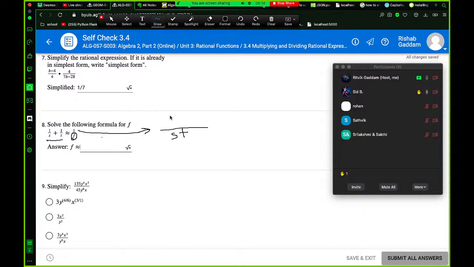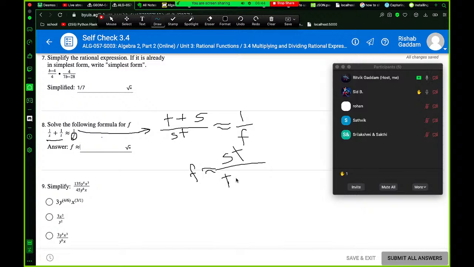Then you multiply t to one side and s to the other, so it'd be t plus s on top, equal to 1 over f. To solve for f, you have to flip both sides, and when you do that, you get f equals s times t over t plus s.